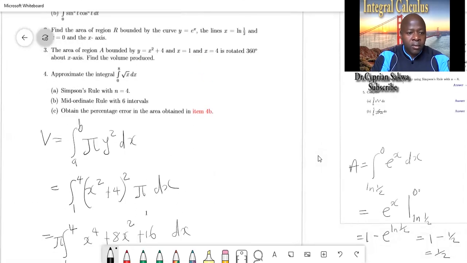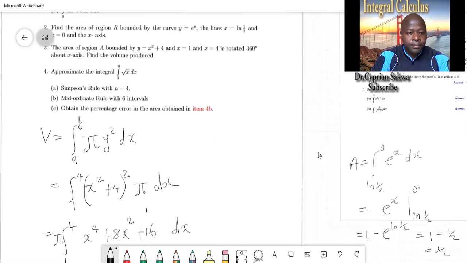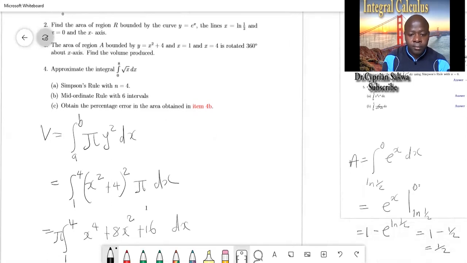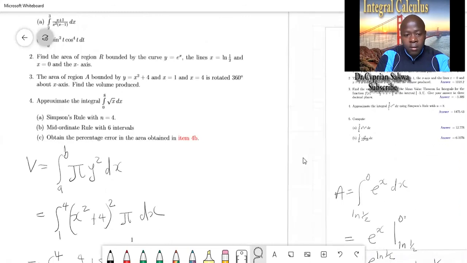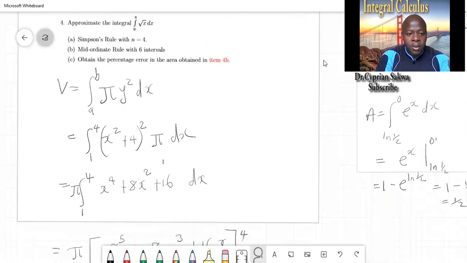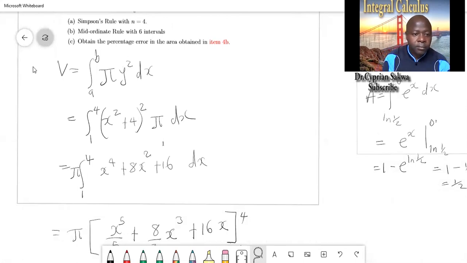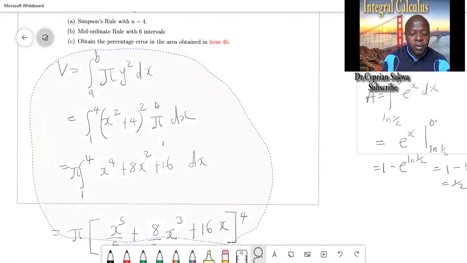Now the other question, I want to use Simpson's rule. Let me get space for that, because we need space for the table.